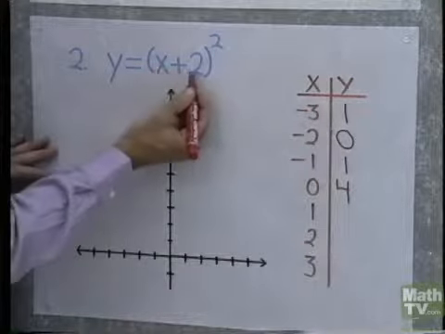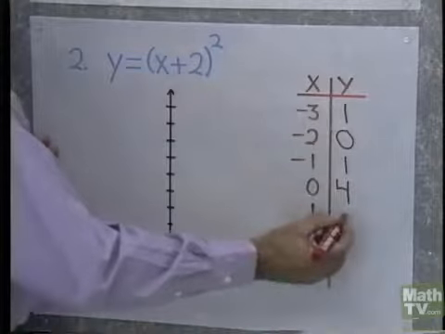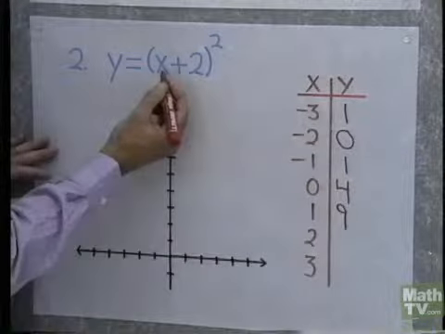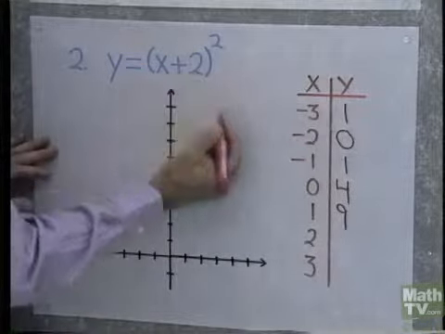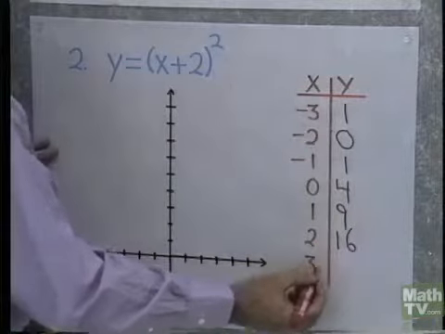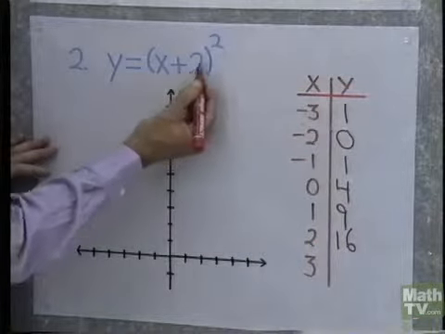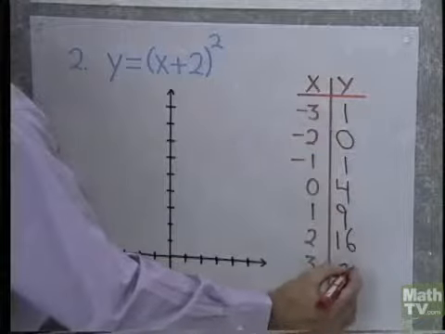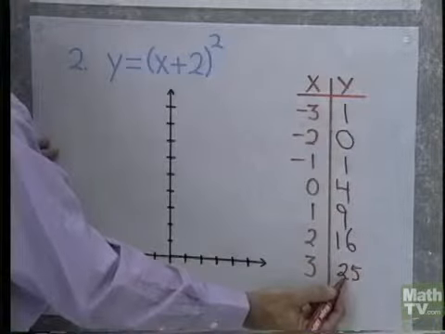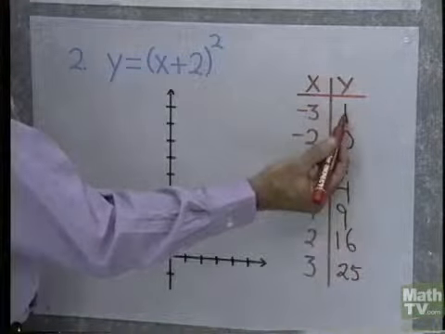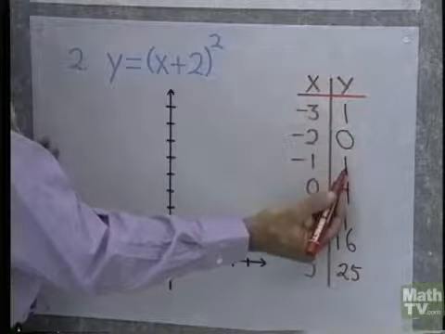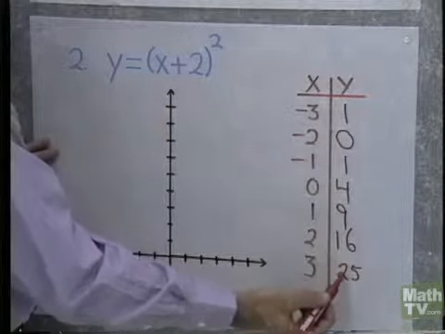Substitute in 1. 1 plus 2 is 3. Squared is 9. Put in 2. 2 plus 2 is 4. Squared is 16. And I'll put in 3. 3 plus 2 is 5. Squared is 25. So these are a little off the graph. So let's see. I have at 1, it goes down to 0, then back up to 1, to 4, to 9, 16, and 25.